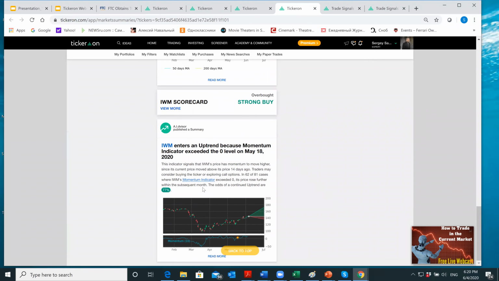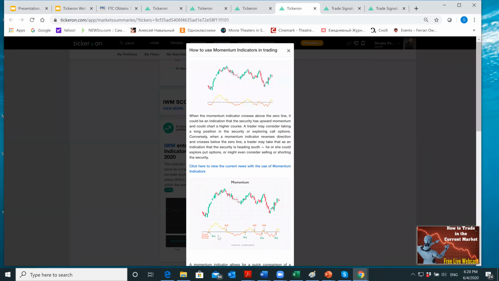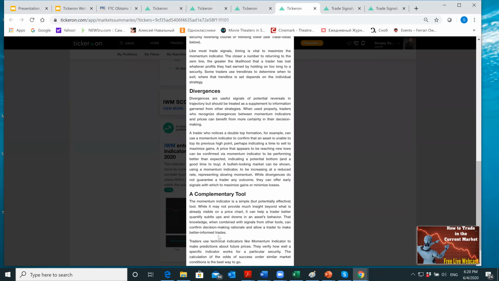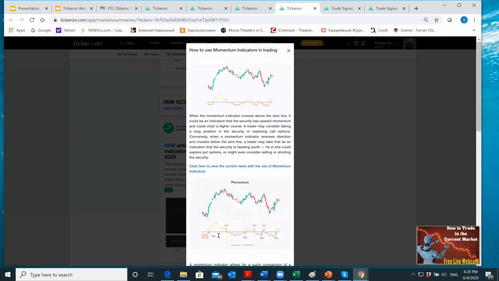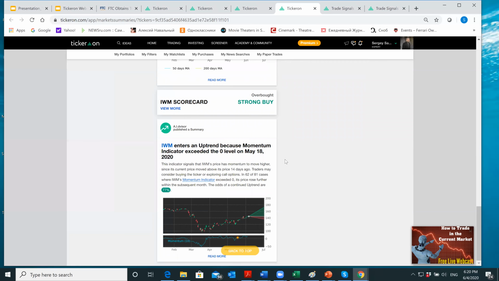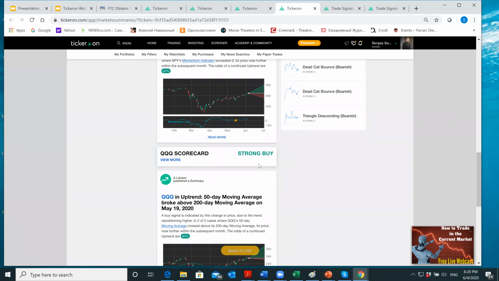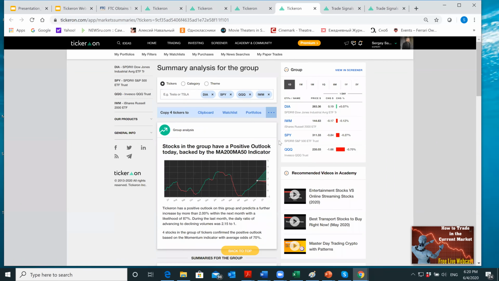So if you don't know anything about momentum, you click right here and you can read about this indicator. Okay, I'm not going to be developing that story because I assume you guys can go and read. So that's what I really wanted to show you, that the current market is good.